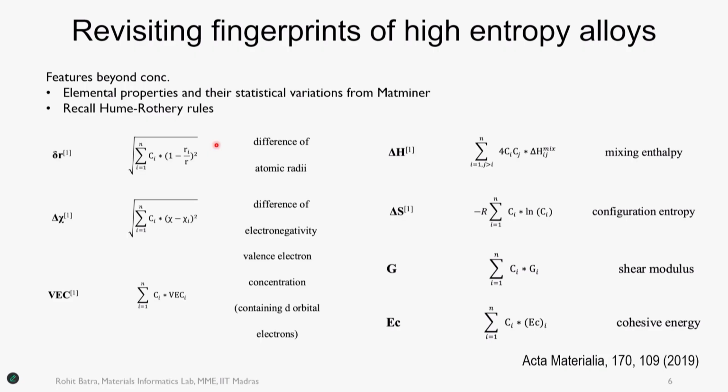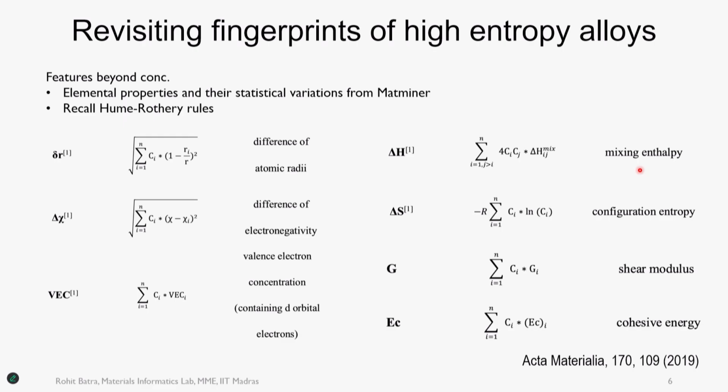Yeah, and then this is one paper in which they made these features. Is this the same paper that we referred to in the tutorial? And these are the features that they used. Not only did they use the composition and elemental properties, they also used atomic radius difference and electronegativity. You can also use CALPHAD.